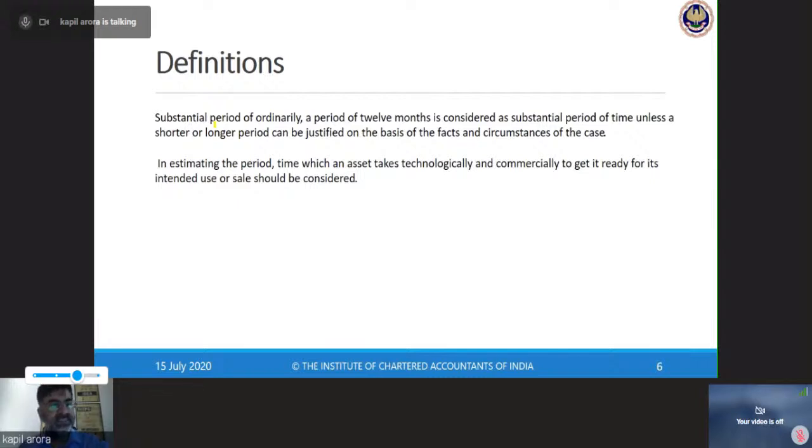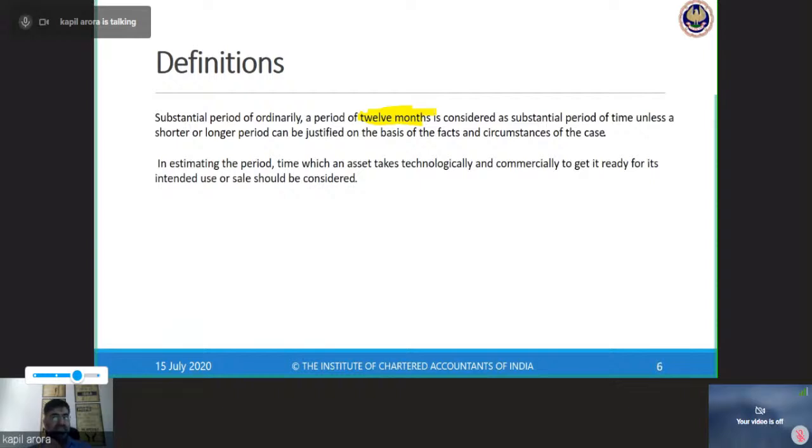I hope this is fine with everyone. The substantial period of time is 12 months. So that's what I am coming on. Substantial period of time is 12 months every time.